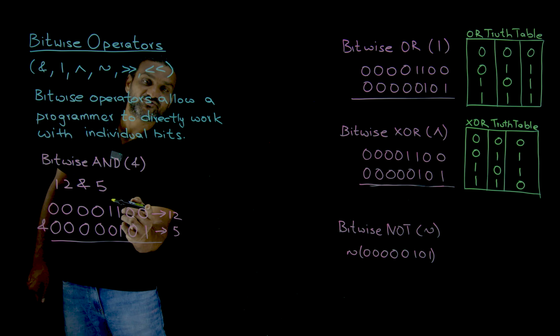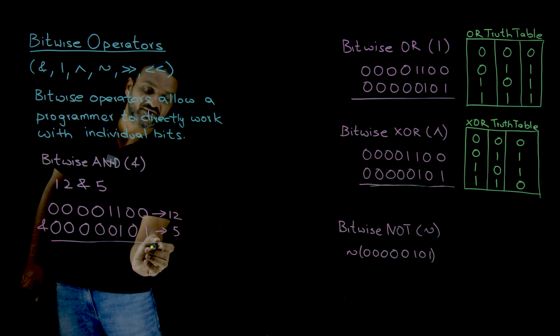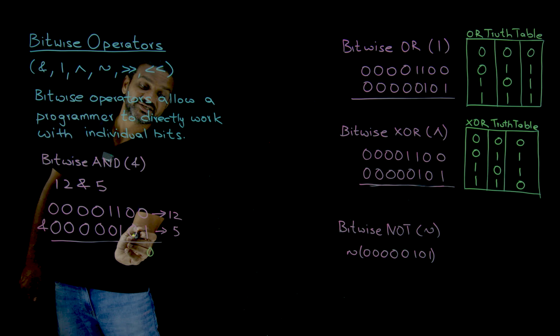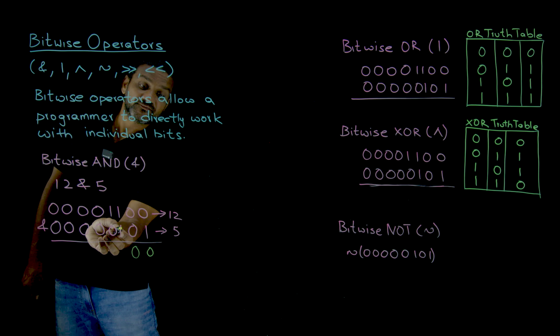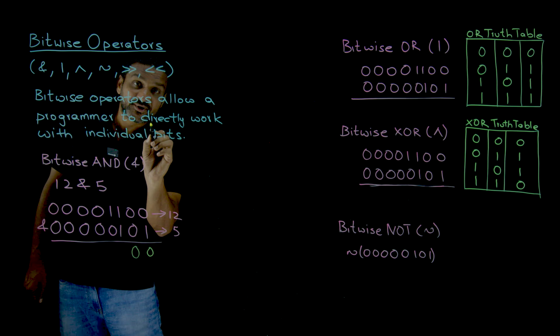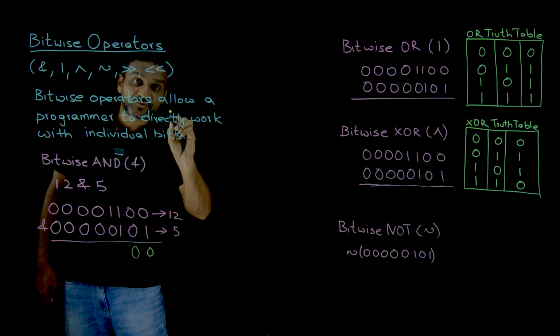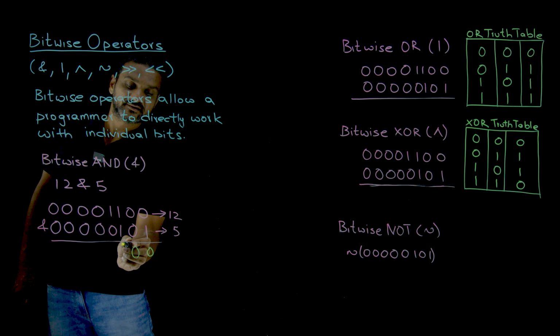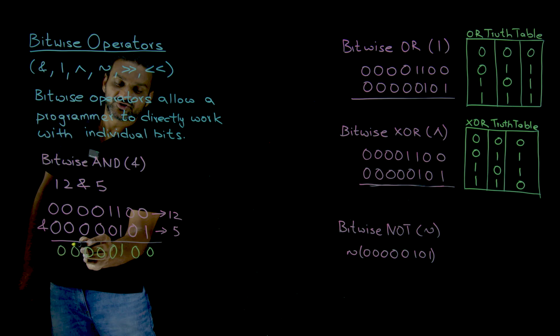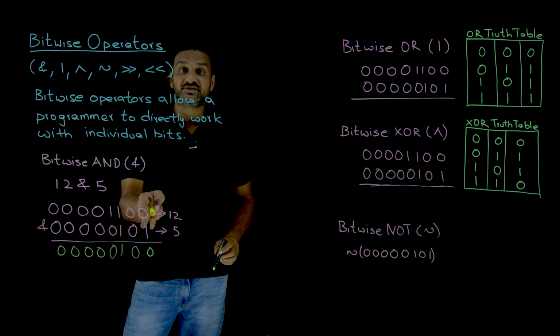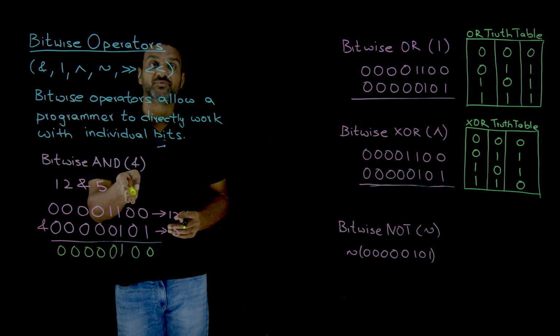No. One of them is false, so it is going to produce an outcome of 0. And what about this 0, 0? This is also going to produce an outcome of 0. And 1, 1: here is the point where an AND operator is going to produce an outcome of 1. And what about this? This is 0, and the remaining are all zeros. This is how we are going to apply bitwise operators.